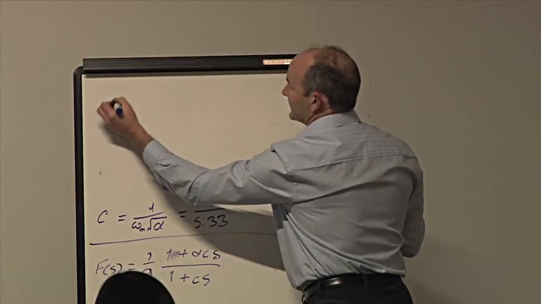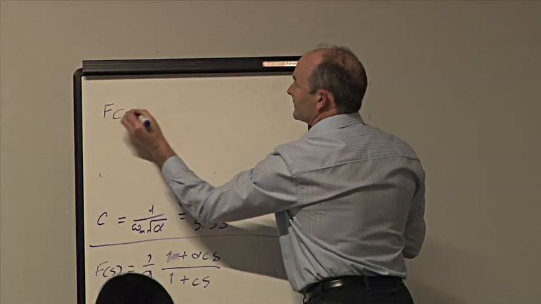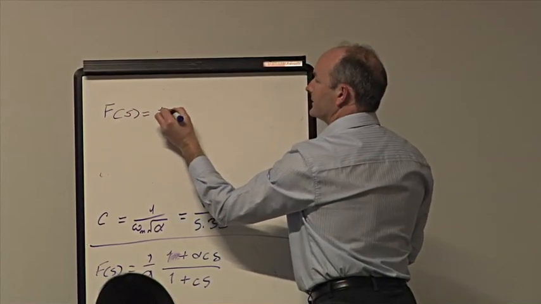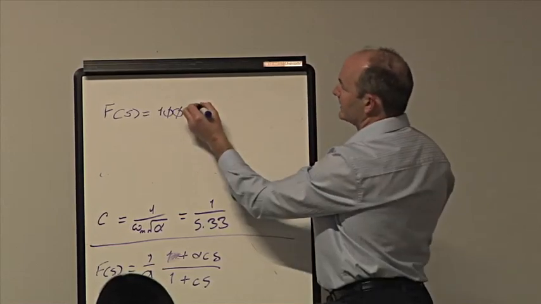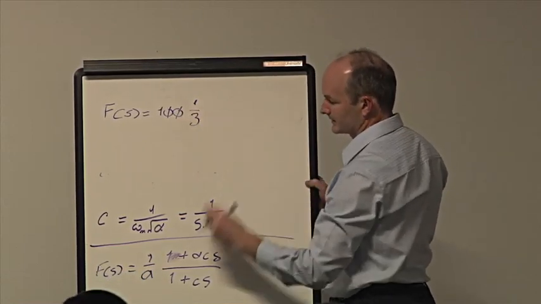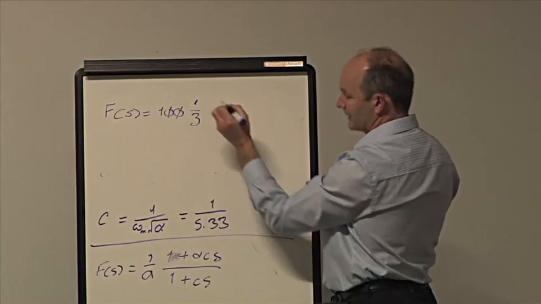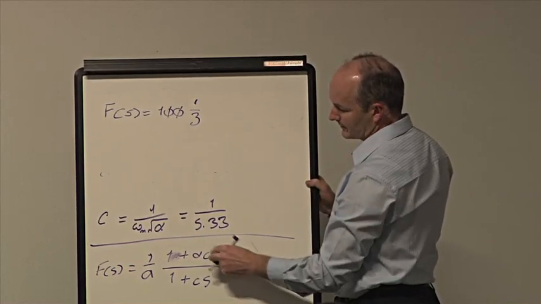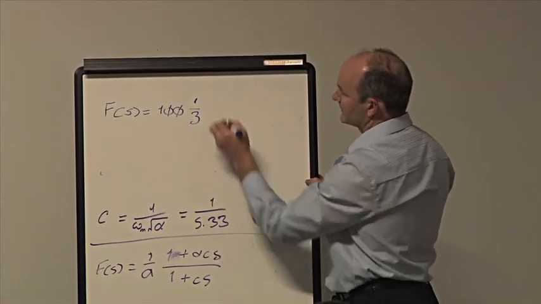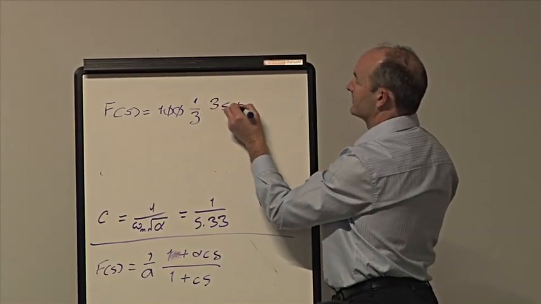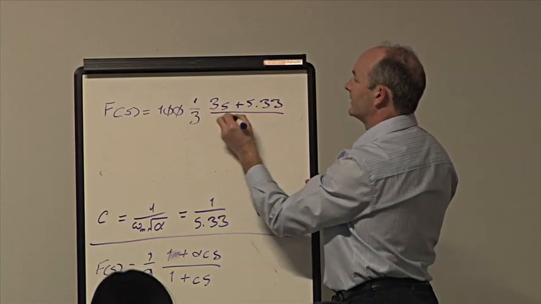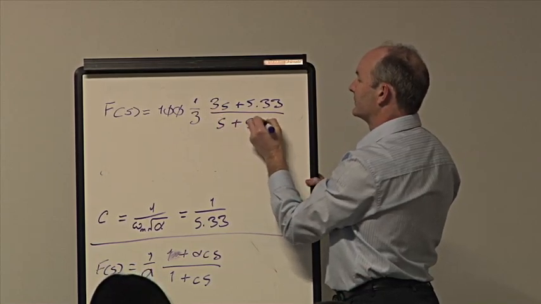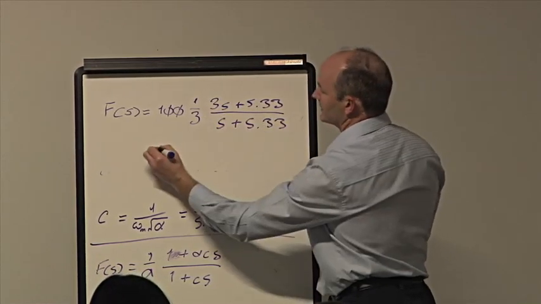So f of s is going to be equal to, first of all, it's got a gain of 100 in it. We can't forget that because we need that for the steady state. It's 100 times 1 over 3, because that's 1 over alpha, times, if I multiply through by c, 3 times s plus 5.33 divided by s plus 5.33, which equals what?